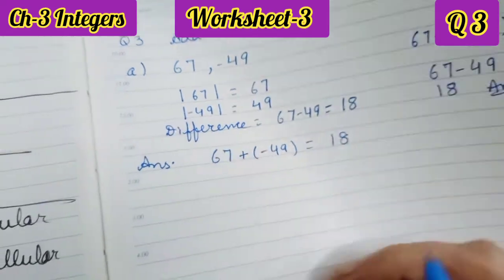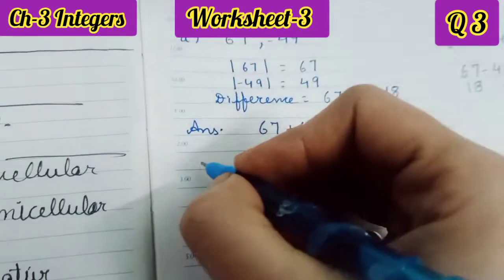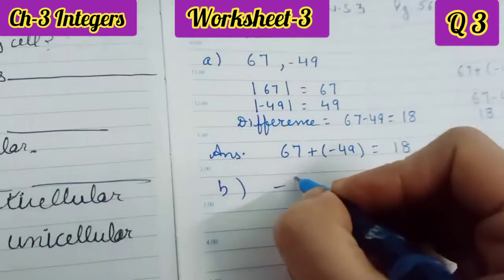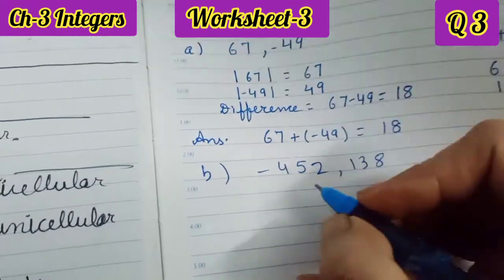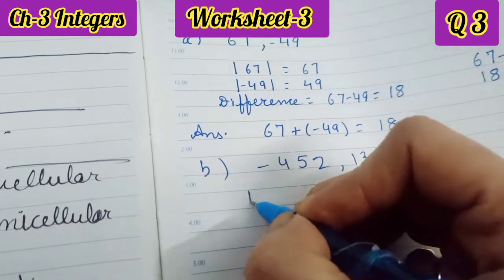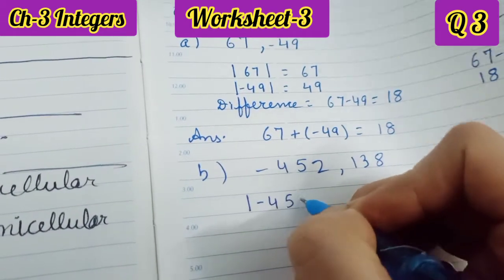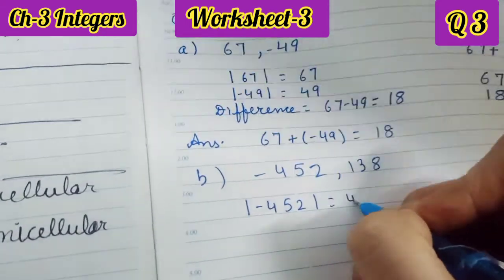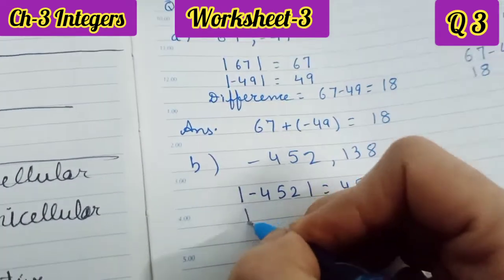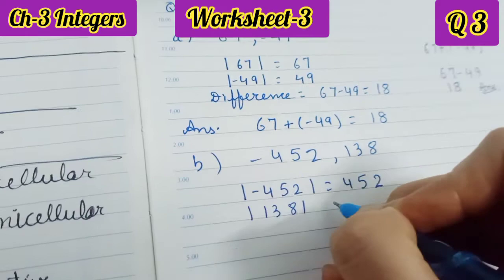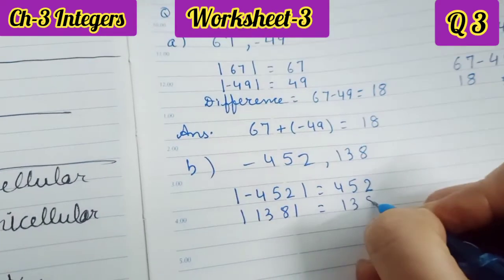So in the next part we are having, first of all we will take the absolute values. You can take absolute values in your mind also, and then you can solve the questions. Take the absolute value.